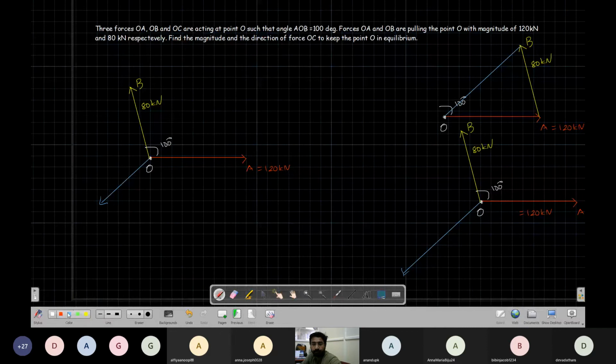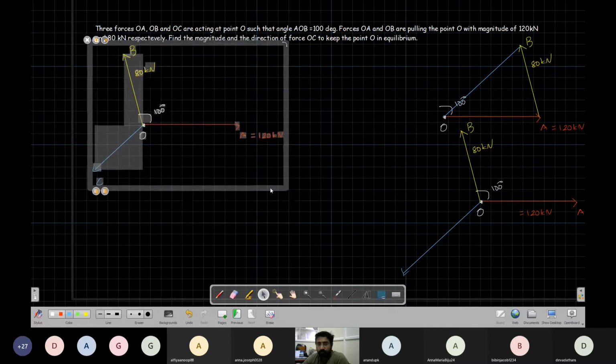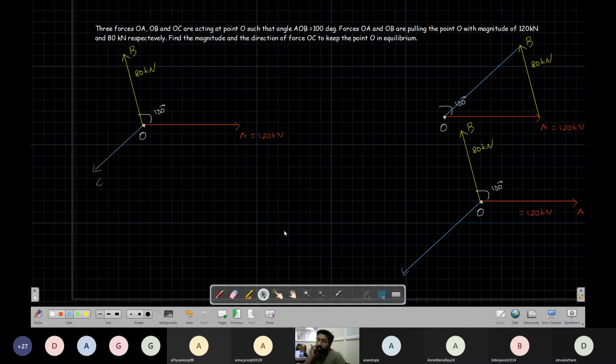So this is my C. You have to find the direction and magnitude of OC to keep the point O in equilibrium. But the only force directions given are these. Now, how do we find this? If someone has solved this, you can raise your hands.